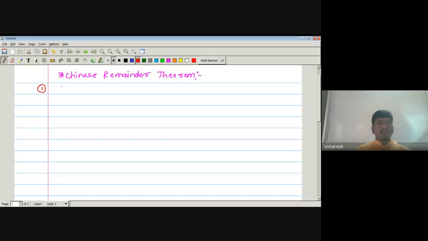Let the system of linear congruences be: x is congruent to 2 modulo 3.